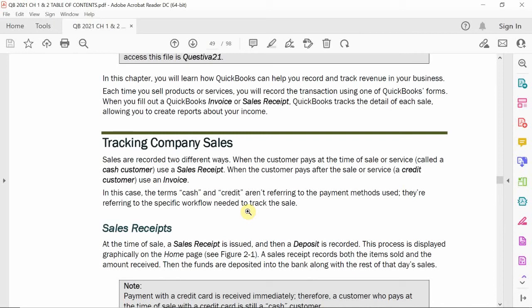The idea is that they paid us at time of service or at time of sale. We call that our cash customers. Our credit customers are our customers that buy things from us and do not pay us right away. They choose to owe us the money and put it on an account, and then they will pay us later down into the future. We call those our credit customers.